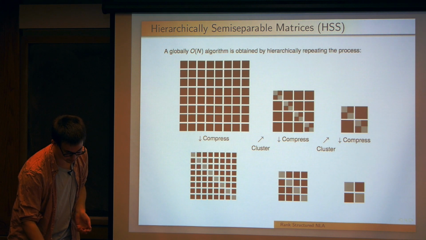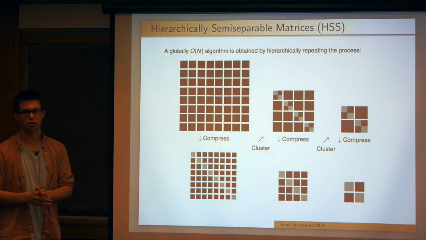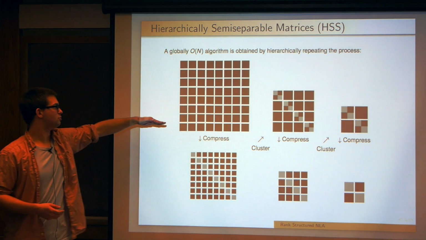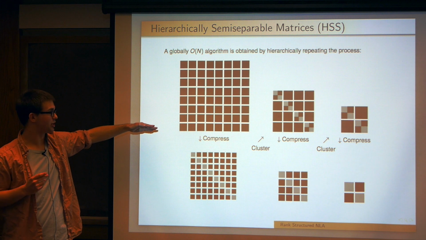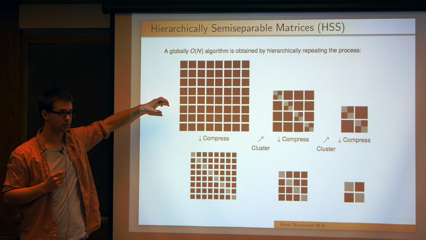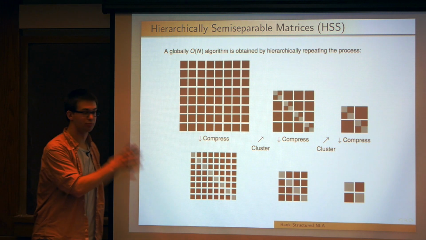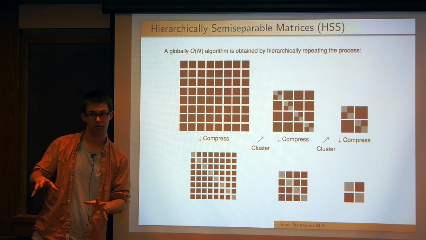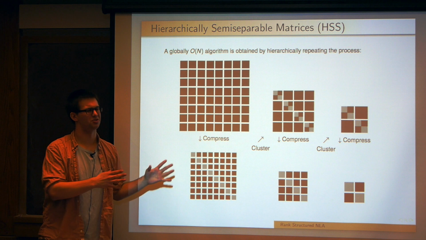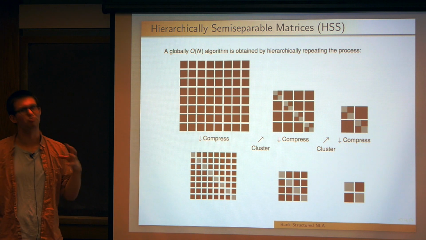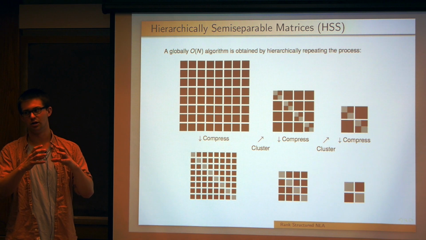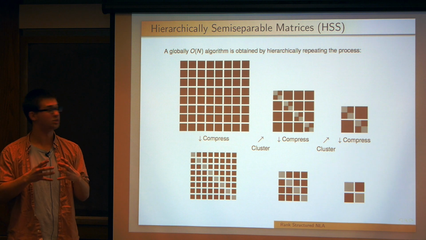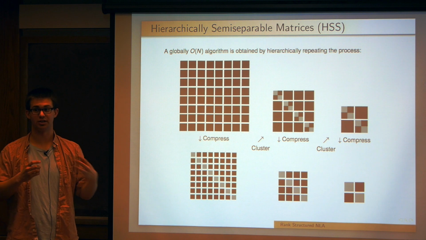So what does that look like? Basically, we start with a full dense matrix, broken up into little blocks. We do our compression. We find the row bases and the column bases at the leaf level. We then cluster, though I think the more correct term is merge, blocks to get to levels where the blocks are twice as big. Then you compress once again.